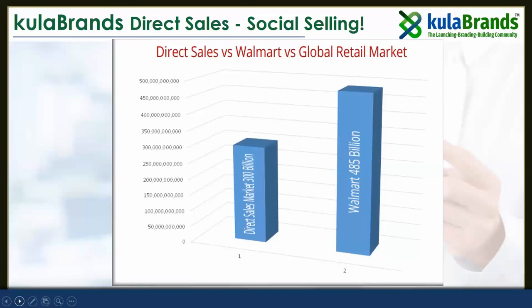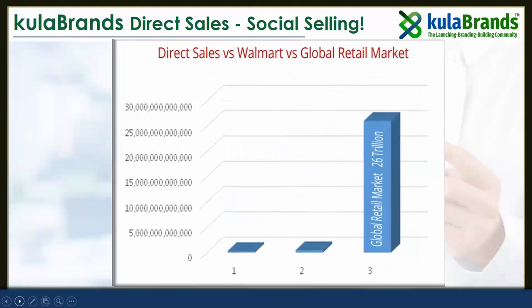But guys, when you compare both of those to the entire retail marketplace of $26+ trillion, you can see the difference. Number 3 is where the opportunity is, right? And so that is our goal. Utilize number 1, the direct sales market, to get the product going, to keep cash flow coming into the business, but ultimately then be able to sell into that global $26 trillion plus marketplace.